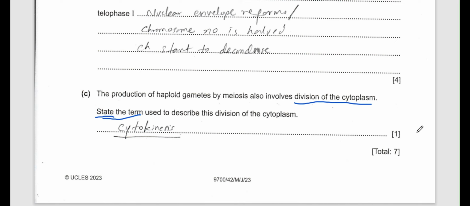So cytokinesis is the term which is used to describe the division of the cytoplasm. So this is for 1 mark, and that's the end of question number 1 and 2 of today's past paper. That was 970042 May June 2023. Thank you so much.